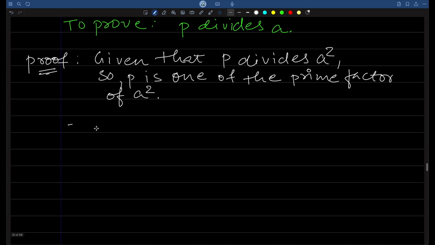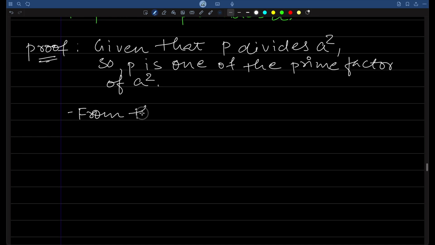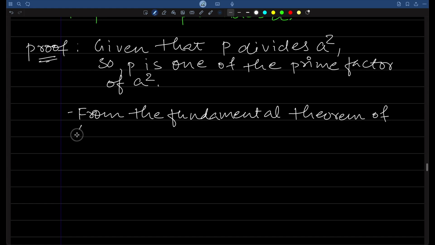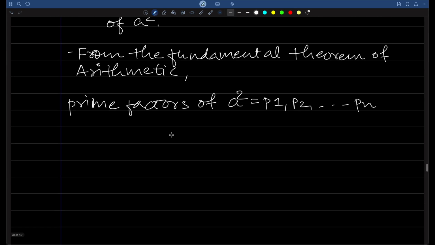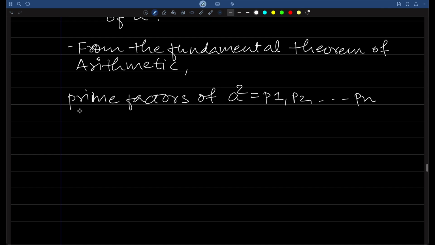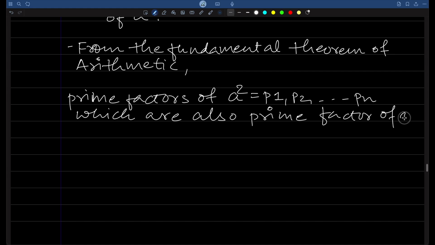But from the fundamental theorem of arithmetic, we can write prime factors of a square are p1, p2 up to pn, which are also prime factors of a.